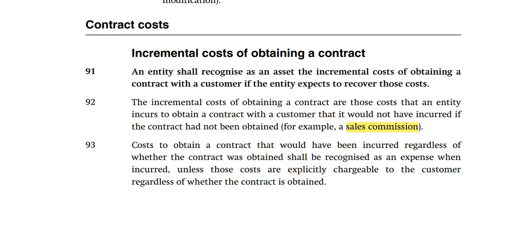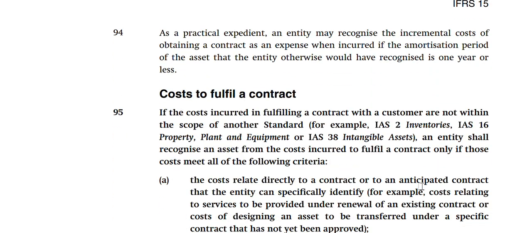If that sales commission was needed to obtain the contract, then it should be recognized, right? As a practical expedient, an entity may recognize the incremental cost of obtaining a contract as an expense when incurred if the amortization period of the asset that the entity otherwise would have recognized is one year or less.